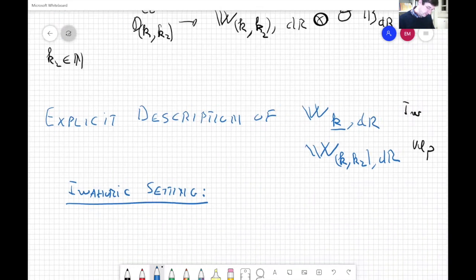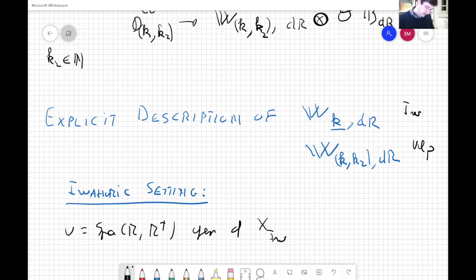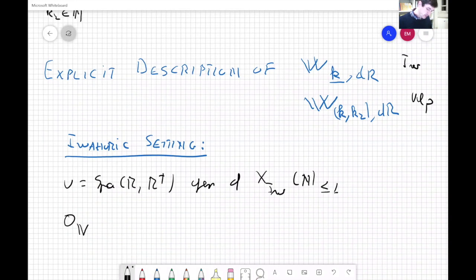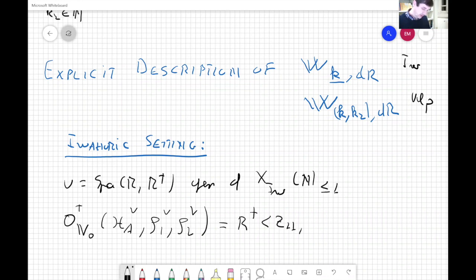So we fix some open of this, open that was floating around, okay? And then actually the functions of this space that I introduced yesterday, where we had some H_A dual, rho 1 dual, rho 2 dual, is actually defined by the following variables.